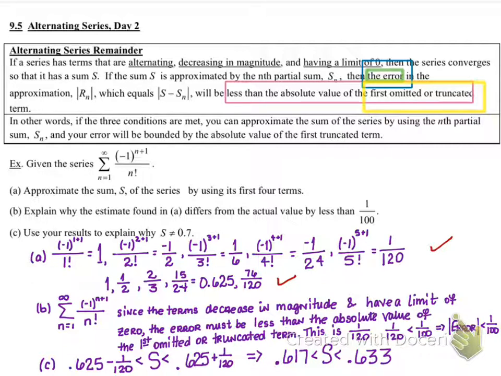Our actual sum of the series has to be somewhere between 0.617 and 0.633.